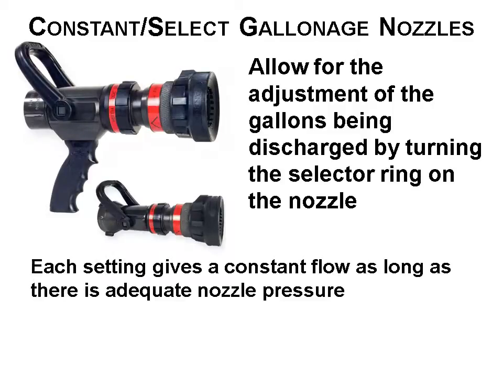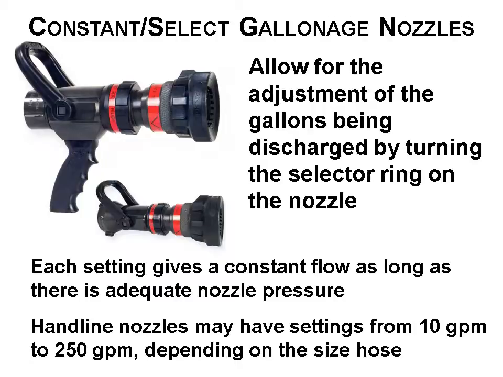Each setting gives a constant flow as long as there's adequate nozzle pressure, so you keep the same pressure on the line. Handline nozzles may have settings from 10 to 250 depending on the size of the hose.